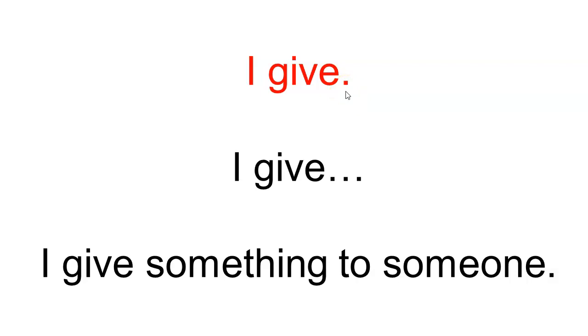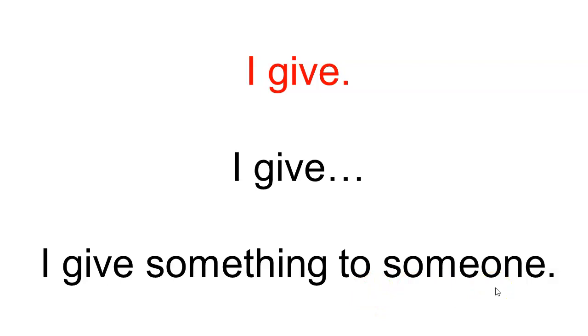Well, then you can do it there. But if you're talking about giving something to someone, you will say I give, and then you have to tell us what you give, and then you have to tell us to whom you give it. Okay, and that to someone is the indirect object.